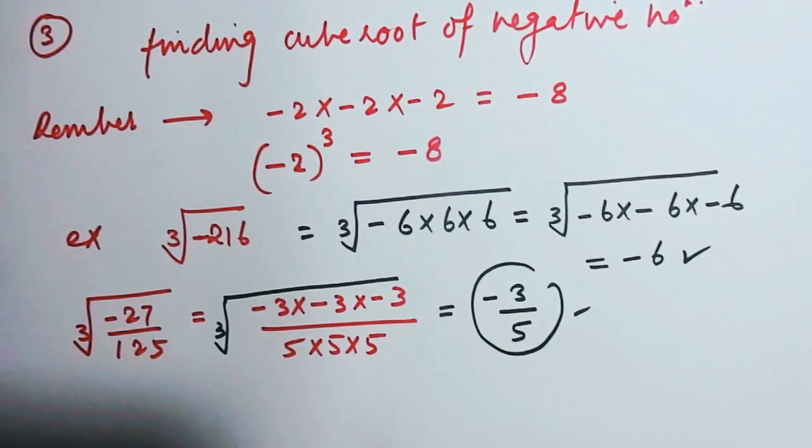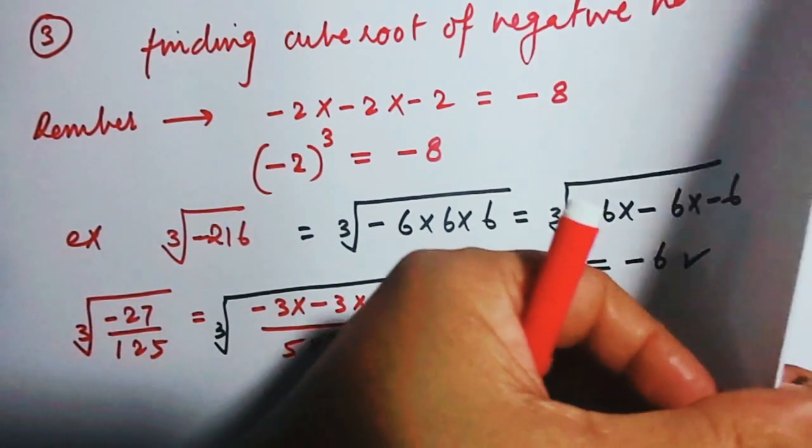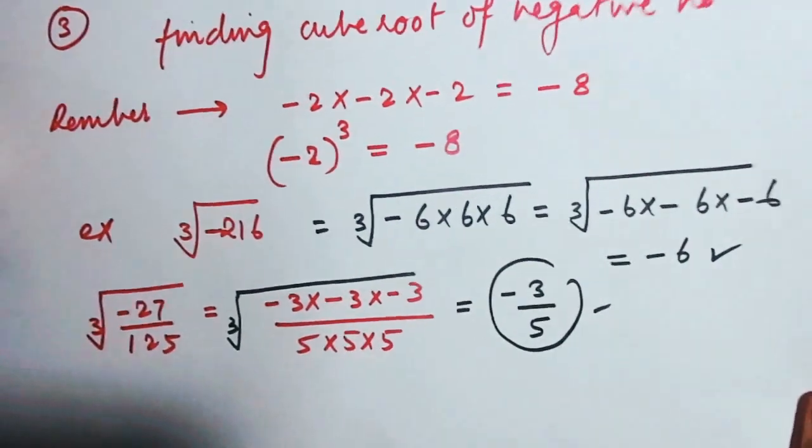Okay, moving on to the next. Find the cube root of decimal numbers. Still they are not happy. They want you to learn everything, all different types of sums. So here I have named it cube root of decimal numbers.